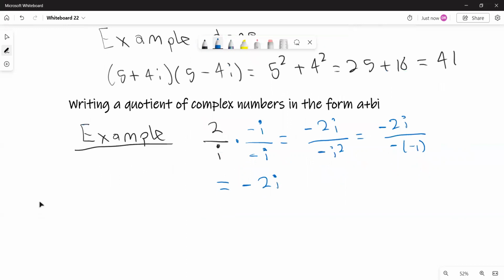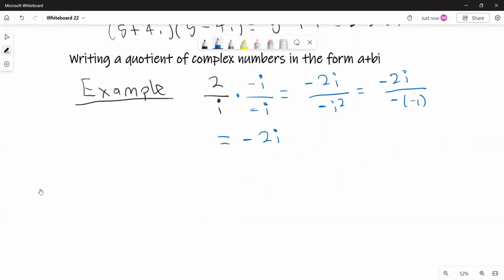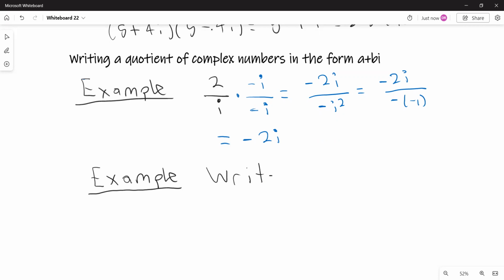For something a little bit more complicated than 2 over i, let's say you want to write 4 plus 5i over 1 minus 2i in standard form a plus bi.